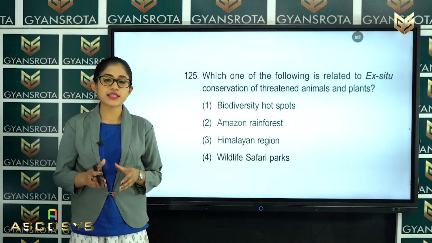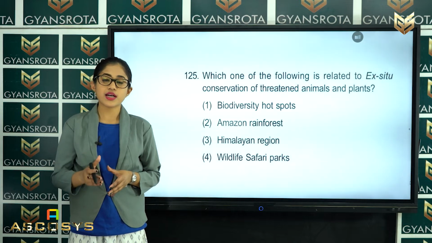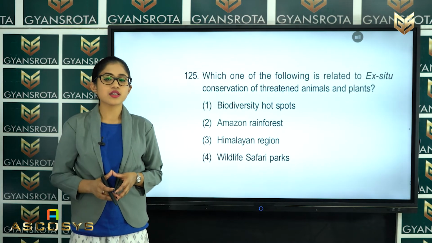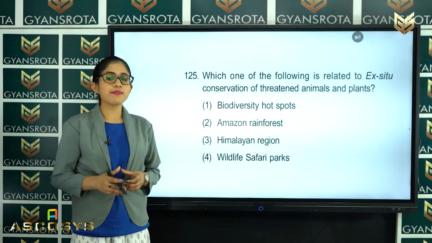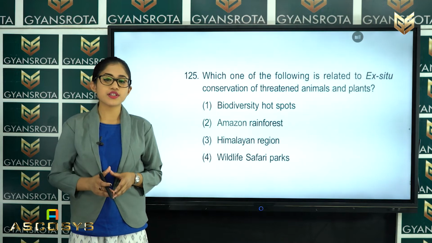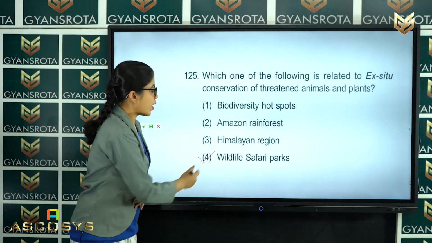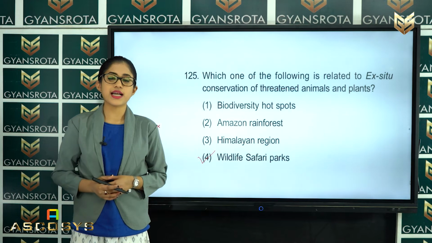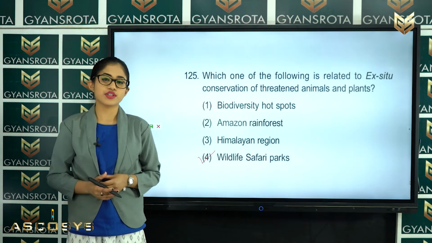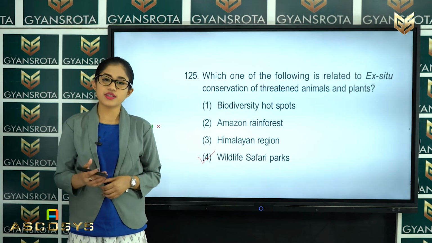So, we have discussed this in the chapter Biodiversity and Conservation. So, which among them is related to ex situ conservation? That is option number 4, wildlife safari parks. So, that is the correct answer of this question. Now, let us move on to the next question.